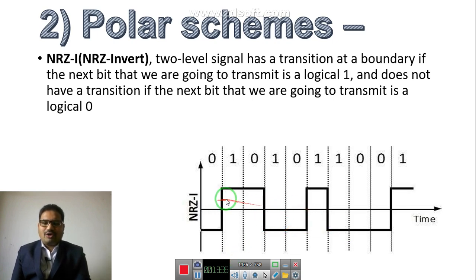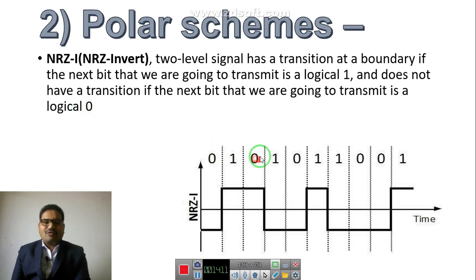So you can see on the screen that if the next bit is logical 1, then there is a transition. Suppose we assume that initially the voltage level starts at negative voltage, and the first bit is 1. Then it is going to make a transition, and it doesn't have a transition if the next bit is 0.